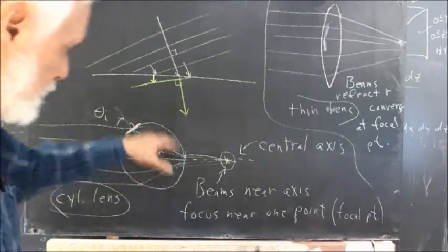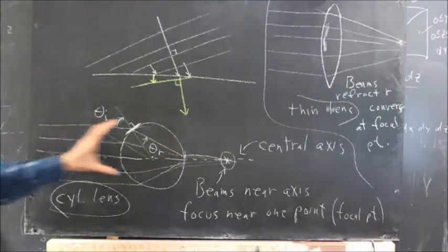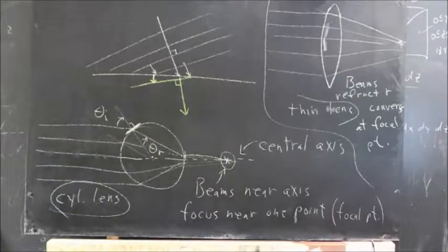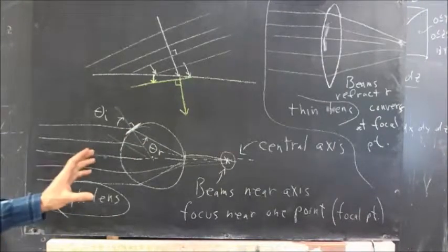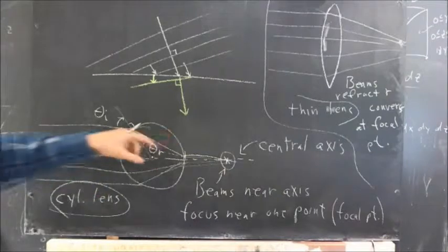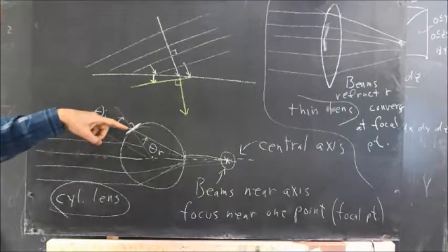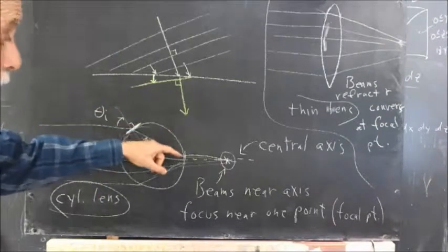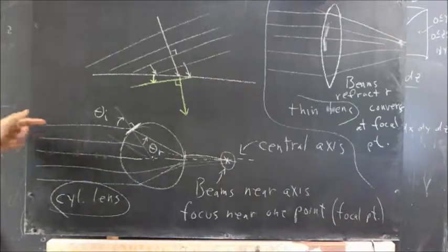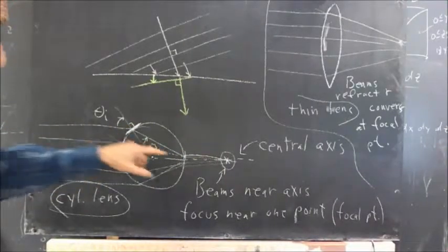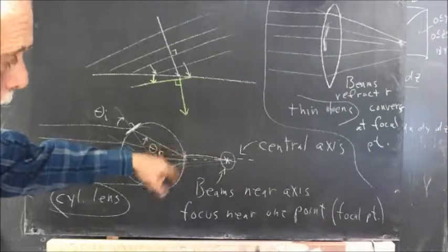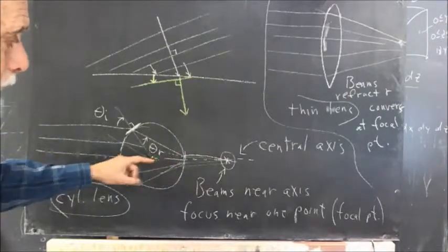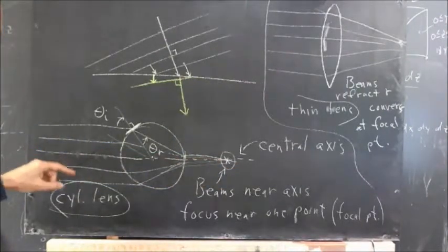And we're not that interested yet in what happens with an actual cylindrical lens. I'll also mention that if it's water in this lens, these rays will intersect. A ray on this side of the axis will hit the back of the container on the same side of the central axis.